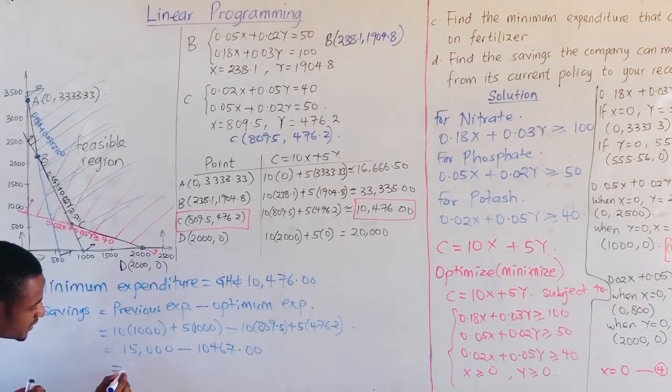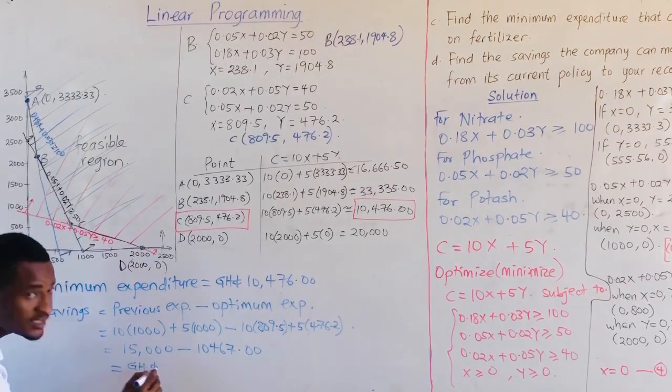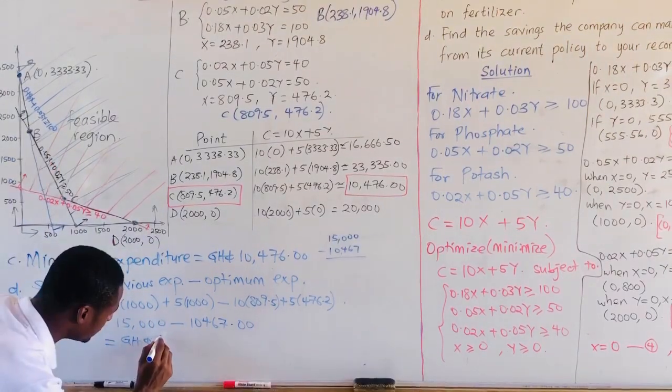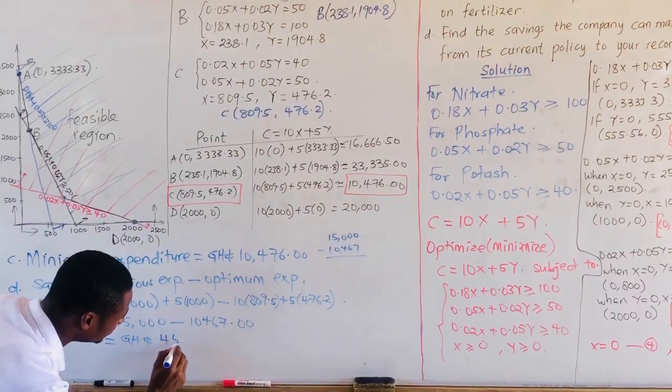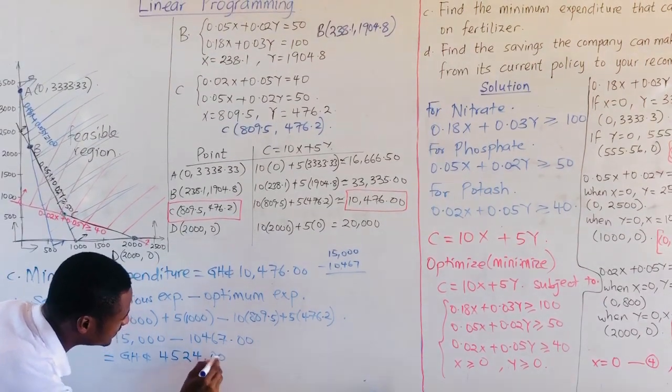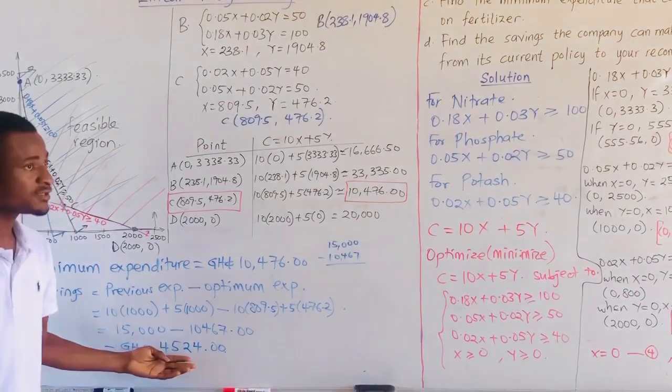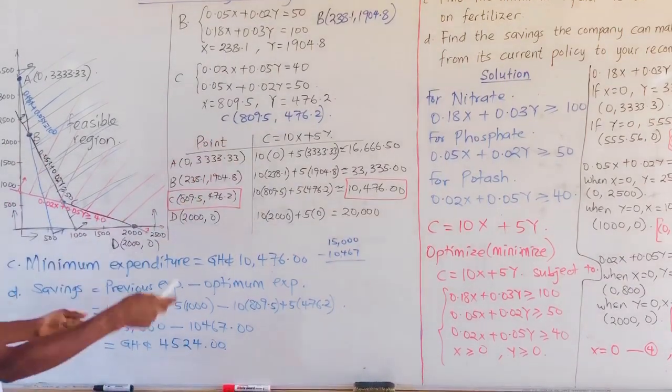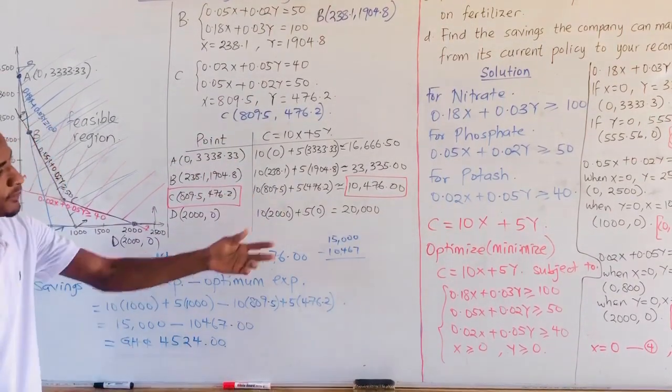So we can do this calculation and the savings will be 4,524 Ghana cedis. This is the amount the company will save when it switches to the optimum from our linear programming model.